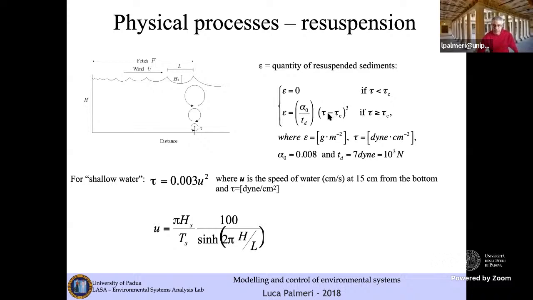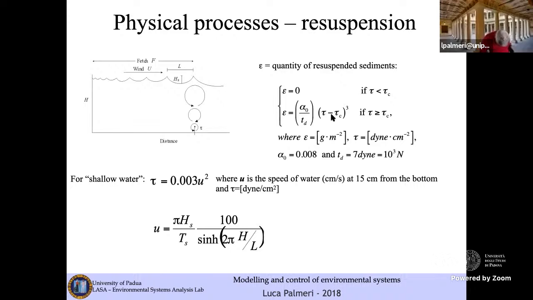And in this case, we may write that the resuspended material is equal to a coefficient, let's say alpha, divided by tau d, times the difference between the shear stress and the critical shear stress, raised to the cube. This is a typical cubic dependence of a frictional process.